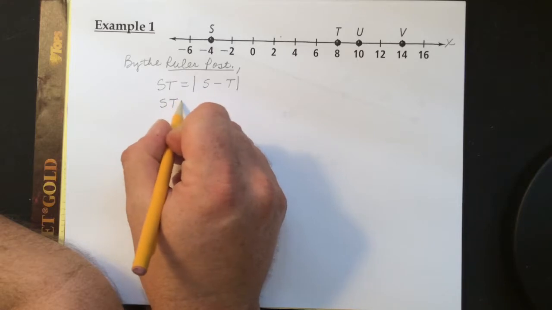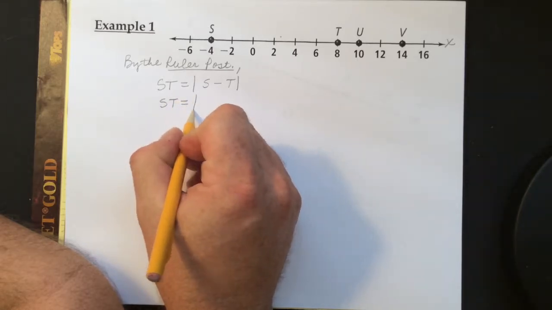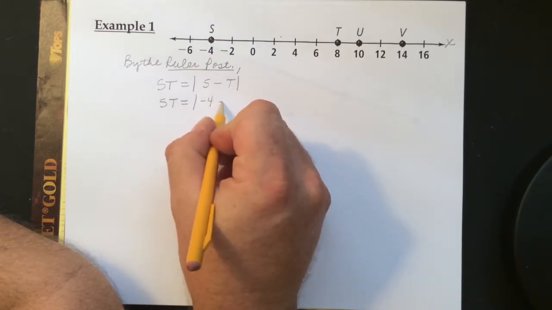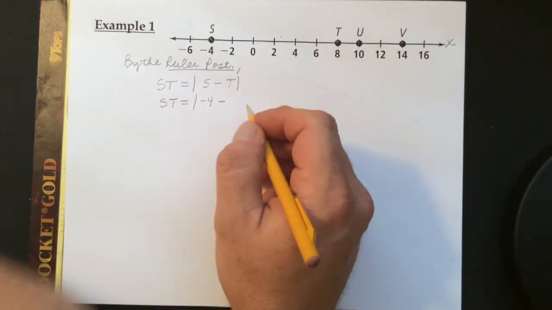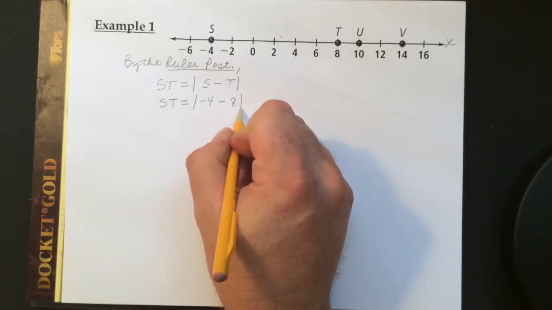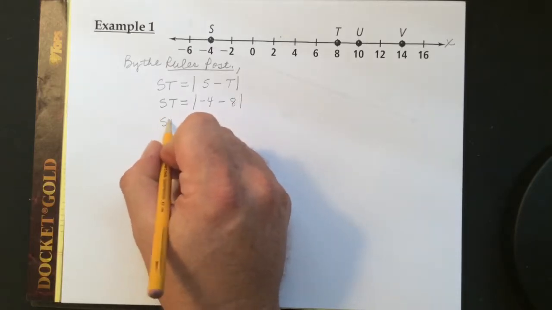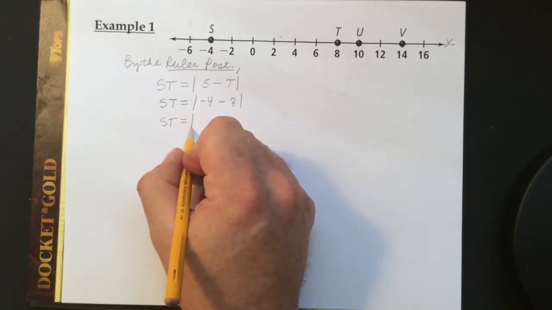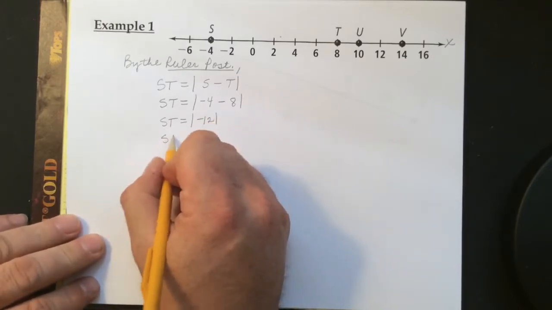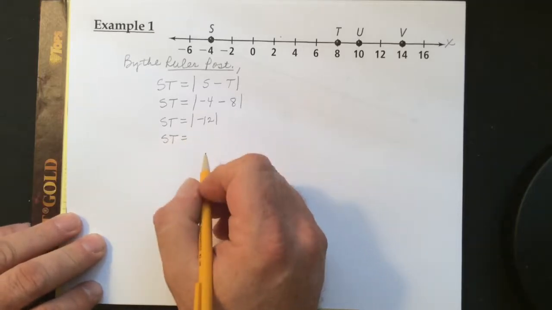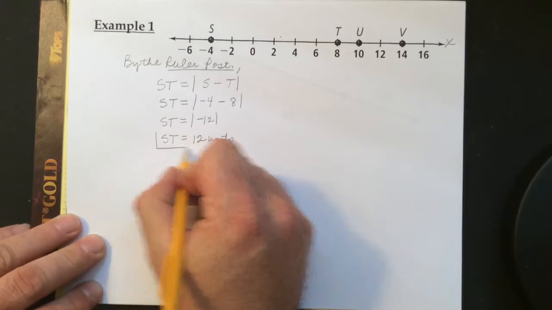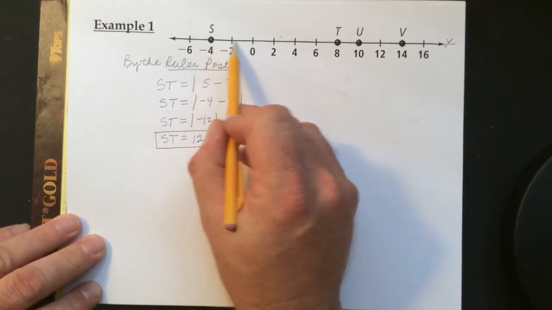So the length of ST is equal to the absolute value of the coordinate for S, which is -4, minus the coordinate for T, which is 8. So the length of ST is equal to the absolute value of -4 minus 8, which is -12. So the length of ST is the absolute value of -12, which is 12 units. So the length of ST is 12 units from here to here.